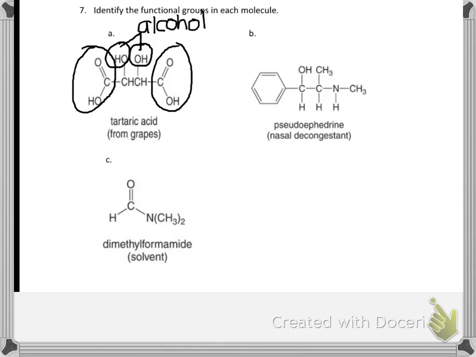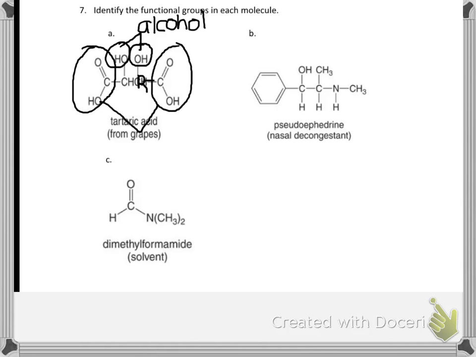Now these side functional groups here, these two are also the same functional group. If you look at them, they're mirror images. On these, I see the carbonyl group, which is the C double bond O right here. Anytime you're attached to carbons and hydrogens on the table, that's going to be an R. So this has a C double bond O right here.